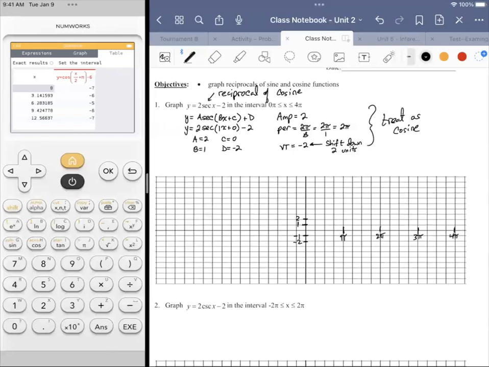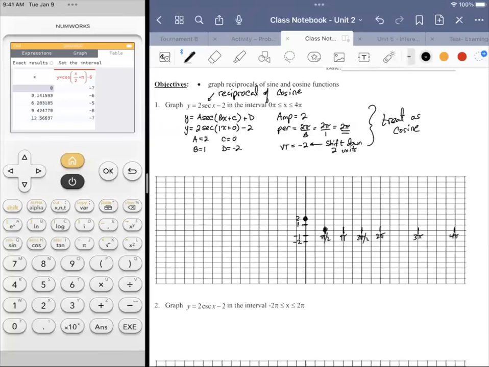All right, so I start off at the maximum point, which is 2. At the quarter wave point, now the period here is 2 pi. So the full cycle needs to be completed when I hit 2 pi. So I need the quarter wave points between 0 and 2 pi. So that's pi over 2, 3 pi over 2.